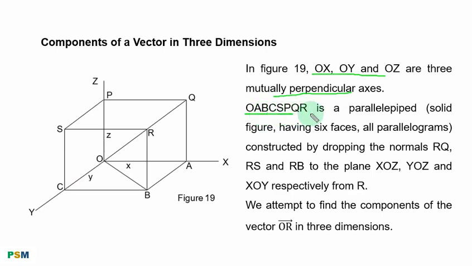OABCXPQR is a parallelepiped, a solid figure having 6 faces of parallelograms, constructed by dropping the normals RQ, RS, RB to the planes XOZ, YOZ, and XOY respectively from R. We attempt to find the components of the vector OR in 3 dimensions.